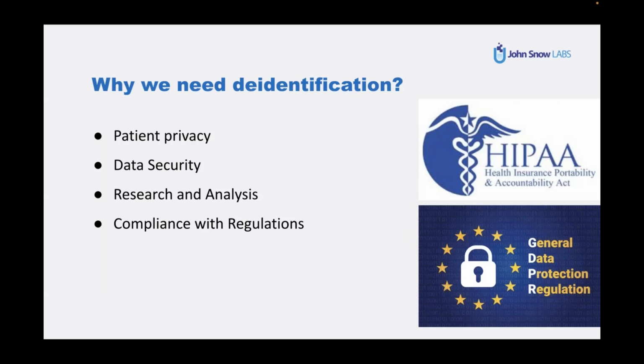In this way, we can share the anonymized data with third parties, right? We can use it for research or make some analysis on it. You can share it with other departments or other third-party companies after the anonymization.